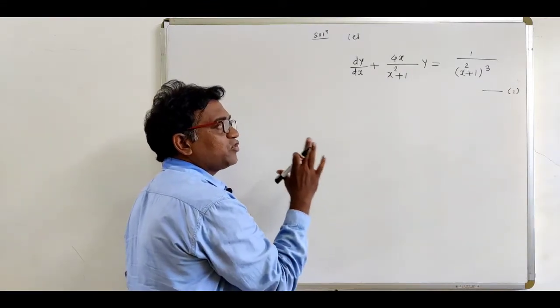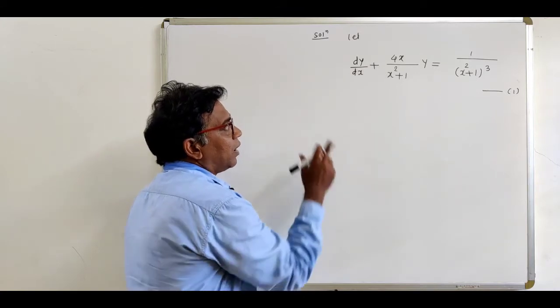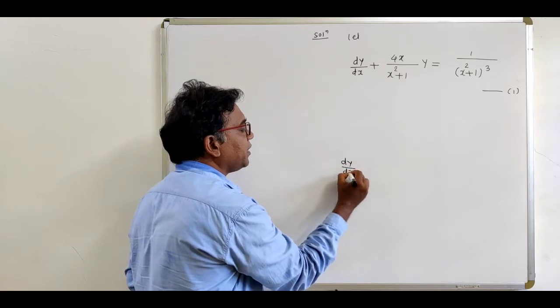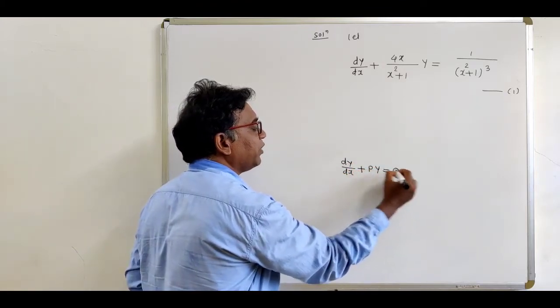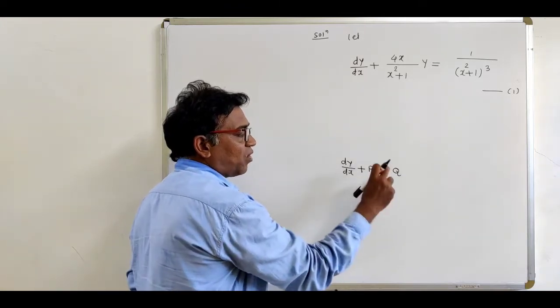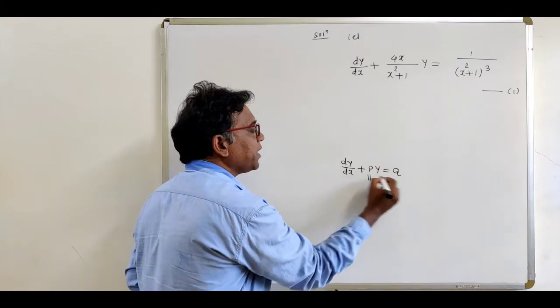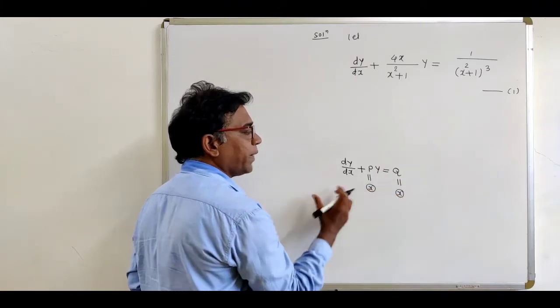Now see the definition of a linear differential equation. A differential equation of the type dy by dx plus p into y equal to q is called a linear differential equation, where p and q should be functions of x alone.